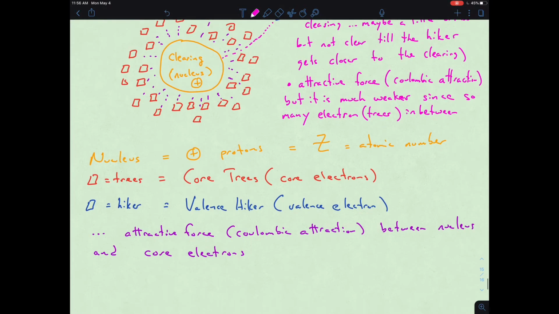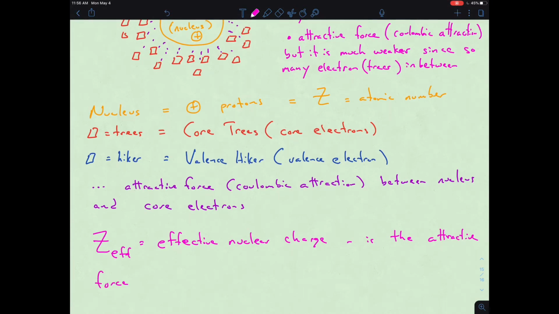So basically when we get into now Z effective, or effective nuclear charge, right, is the attractive force from the nucleus to the valence shell.